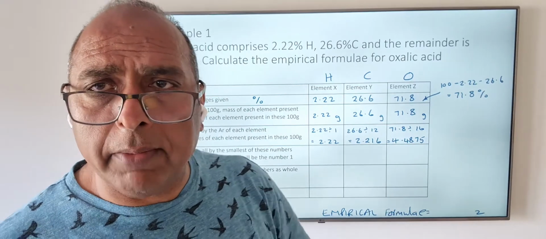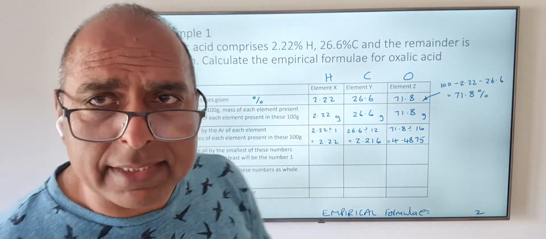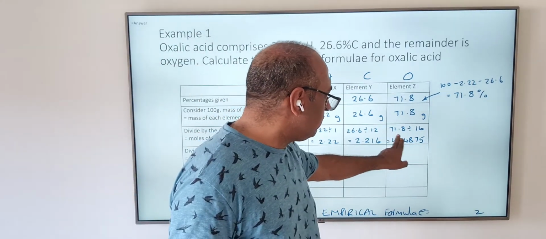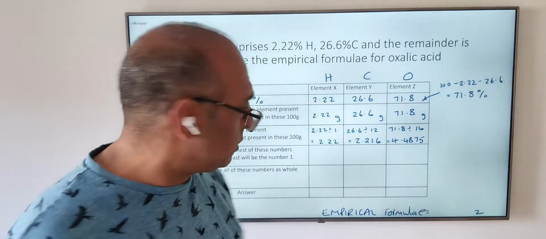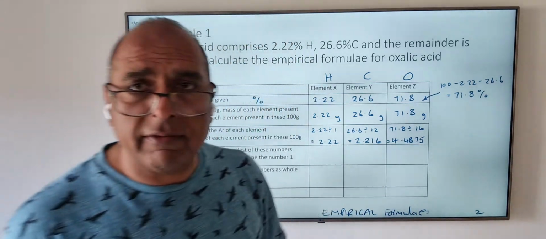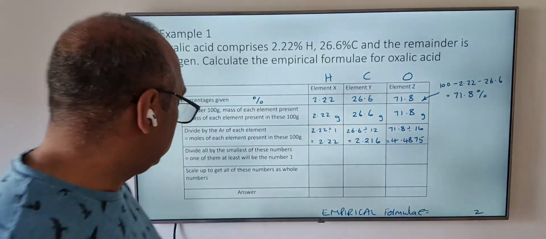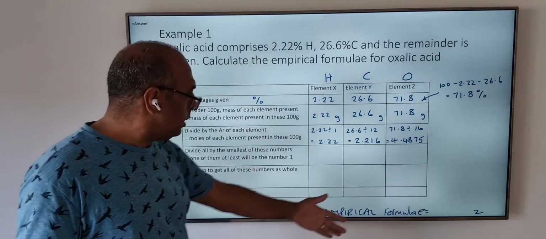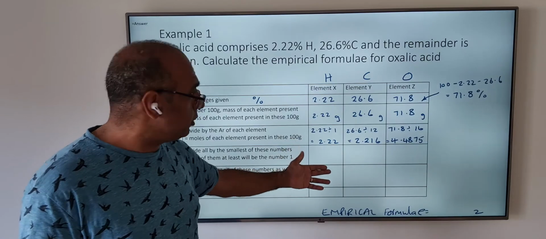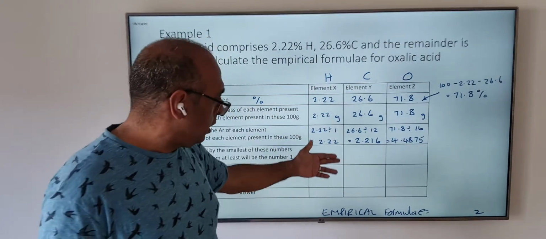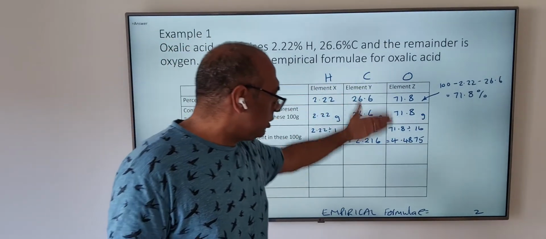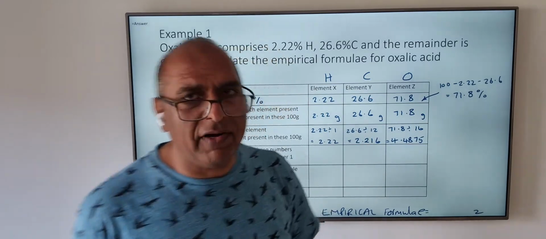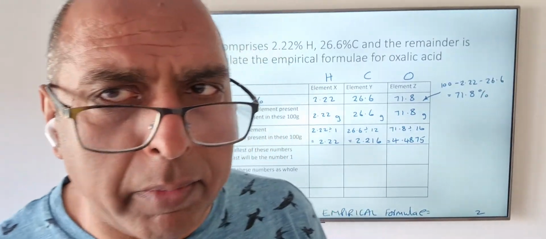Look it up on a periodic table. The atomic mass is 16, and you divide 71.8 by 16, you get 4.4875. So that's that step. They're the ratios. That is H 2.22, carbon 2.216, oxygen 4.4875. But empirical formula is a whole number ratio.